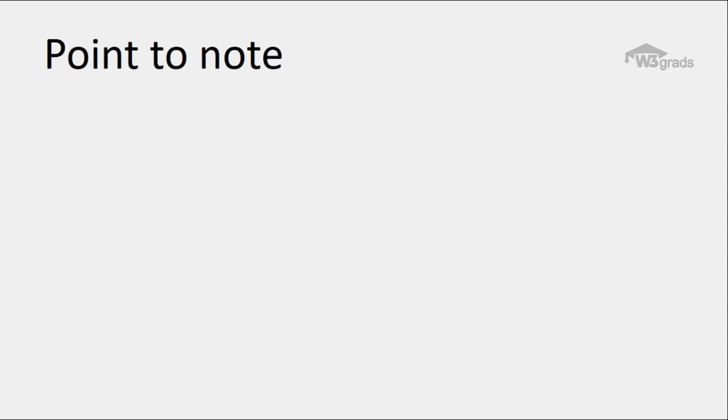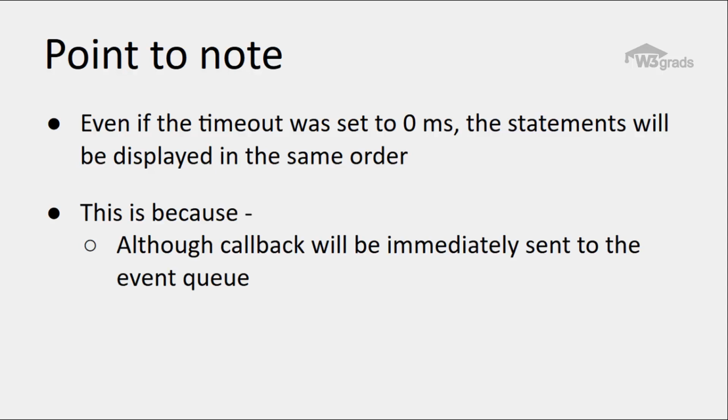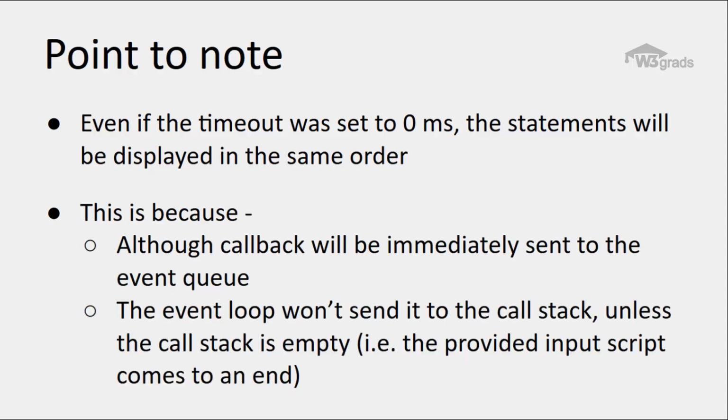An important point to note here is that, even if the timeout was set to 0 milliseconds, then also, the statements will be displayed in the same order. This is because, although the callback will be immediately sent to the event queue, the event loop won't send it to the call stack, unless the call stack is empty, that is, until the provided input script comes to an end. Due to this process, the output that you received was not sequential.